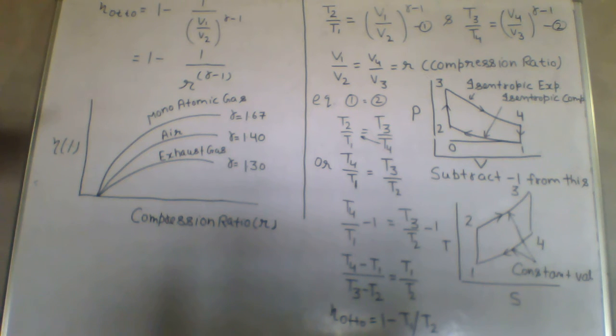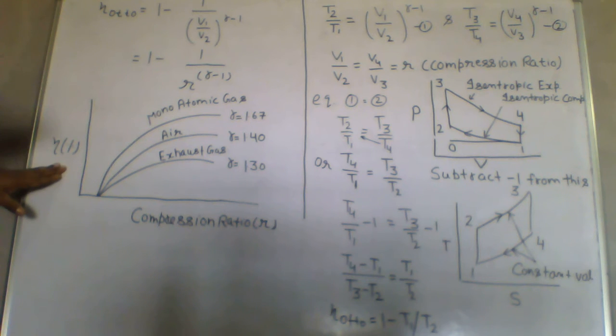As gamma is assumed to be constant for any working fluid, the efficiency is increased by increasing the compression ratio. The efficiency is independent of heat supplied and pressure ratio. The use of gases with higher gamma values would increase the efficiency of the Otto cycle.